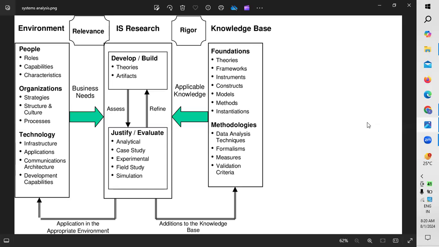All these will be used in this regard. At the same time, what are the different instruments we have? What are the different constructs, and what are the models? Either it can be a traditional model like waterfall model, V model, or else it can be agile. What are the different methods we are using in instantiations? All these things come under the knowledge base, under the foundations.